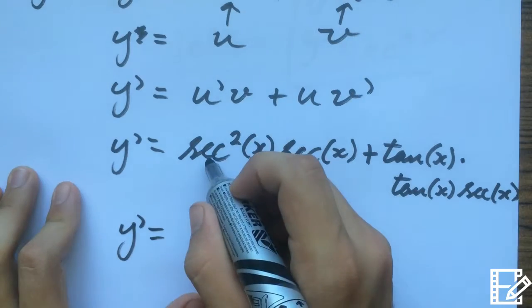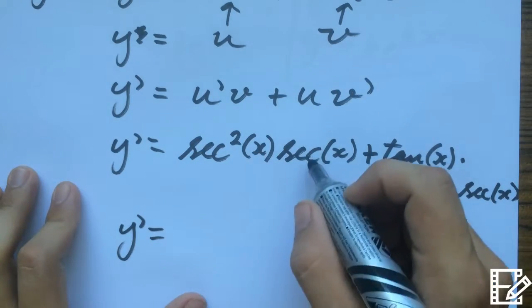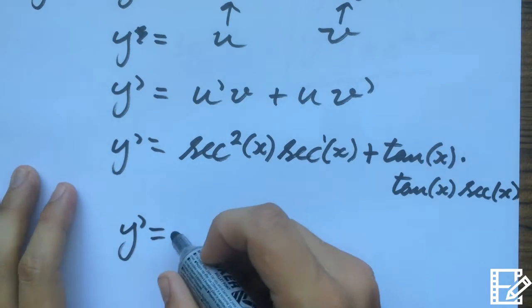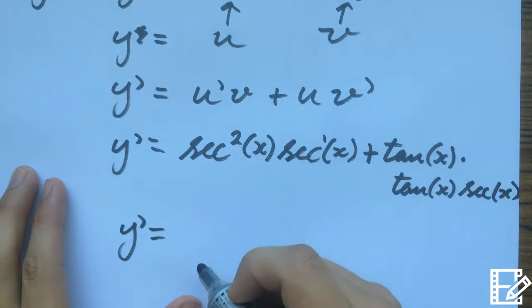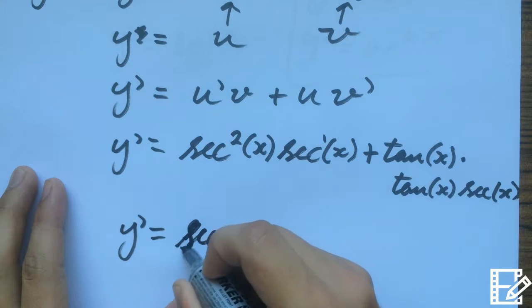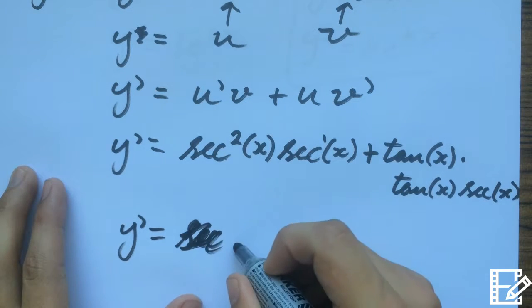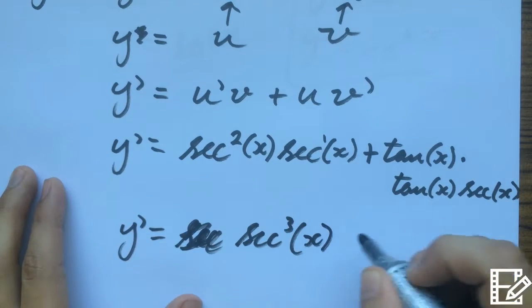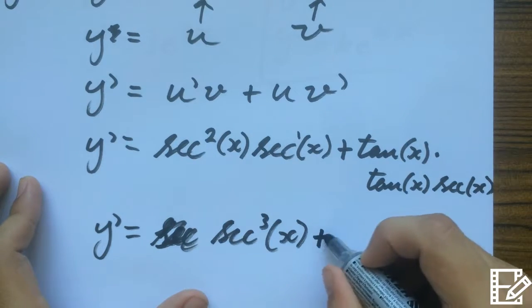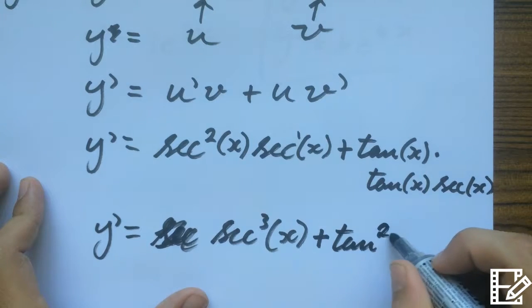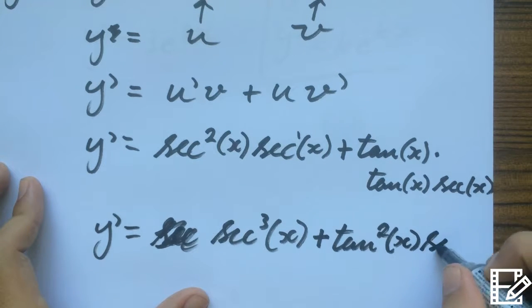So we're going to simplify it. Sec squared multiplied by sec to the power of 1. There's an imaginary 1 written there. Now it's real, obviously, because I wrote it, but we'll just add the powers, which will be sec cubed x plus tan x multiplied by tan x is tan squared x multiplied by sec x.